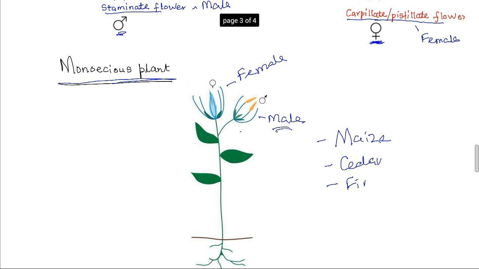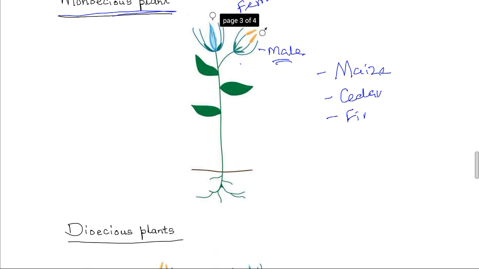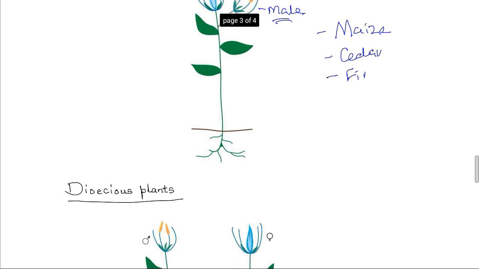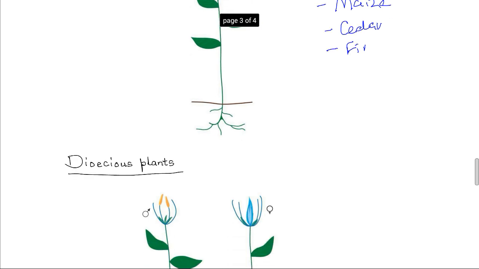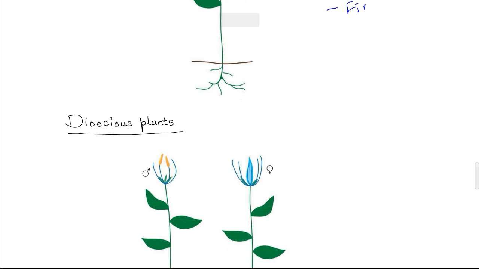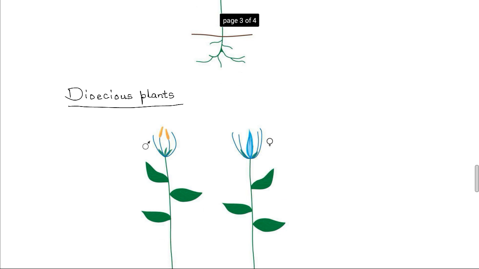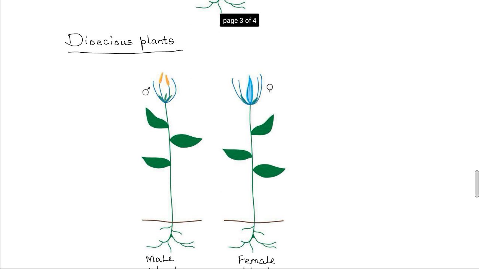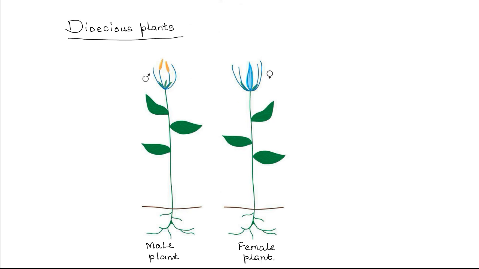The other type of plants that have unisexual flowers is the dioecious plants. Dioecious plants have the staminates and pistillates on different plants. Accordingly, these plants do have distinct male types and distinct female.